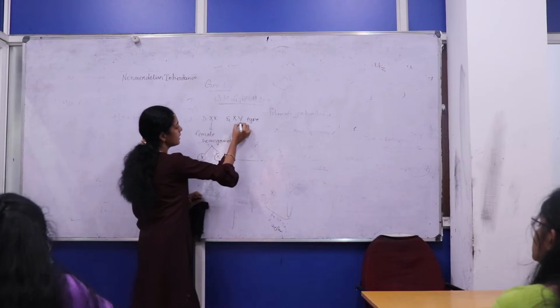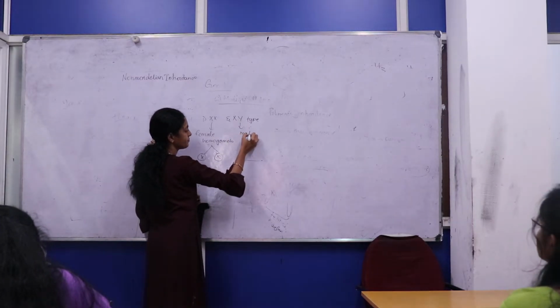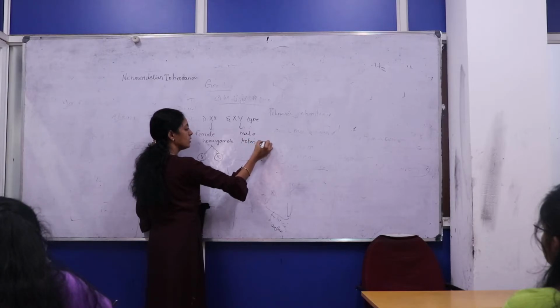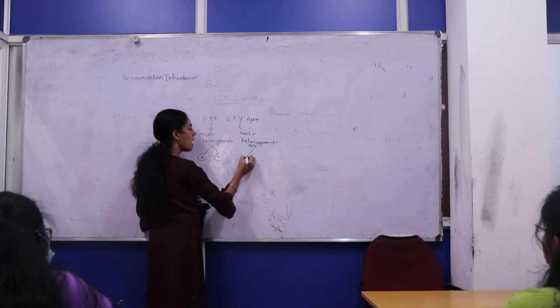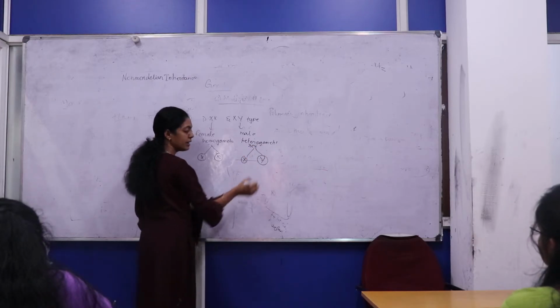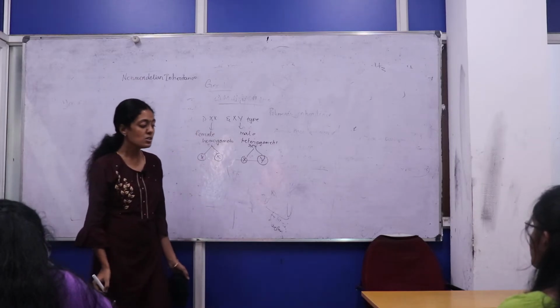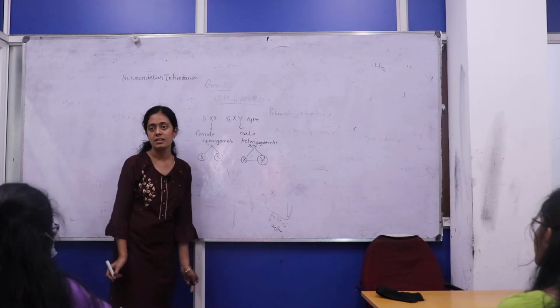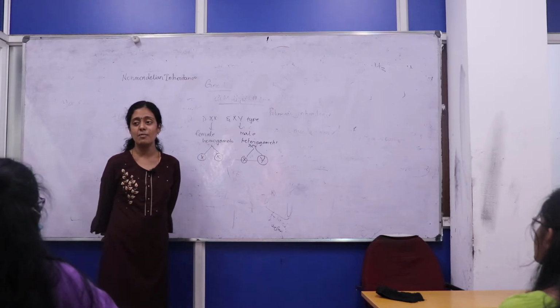Next, here XY is a male, a heterogametic sex. Half of the gametes will contain X chromosome and the other half will contain Y chromosome. Which gender determines the sex?